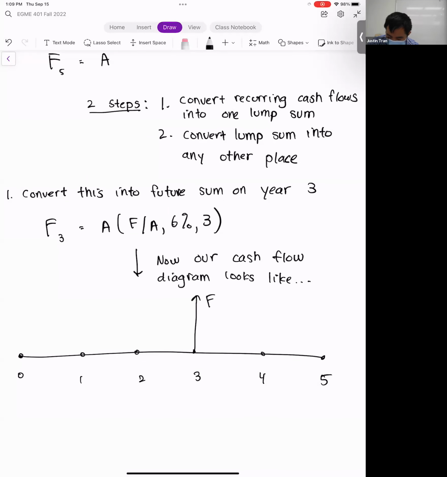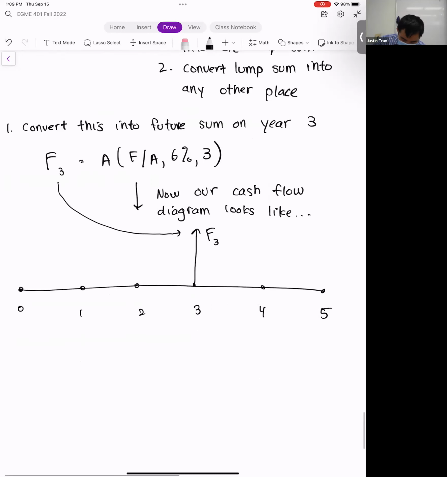So this right here will be F3, where the value of F3 is given by that formula up there. Okay. And so now that we have it in a lump sum on year 3, we can easily convert this into one lump sum on year 5.